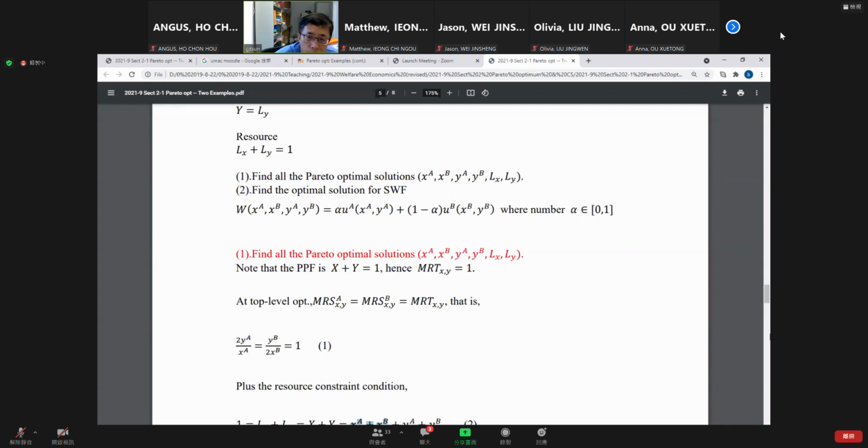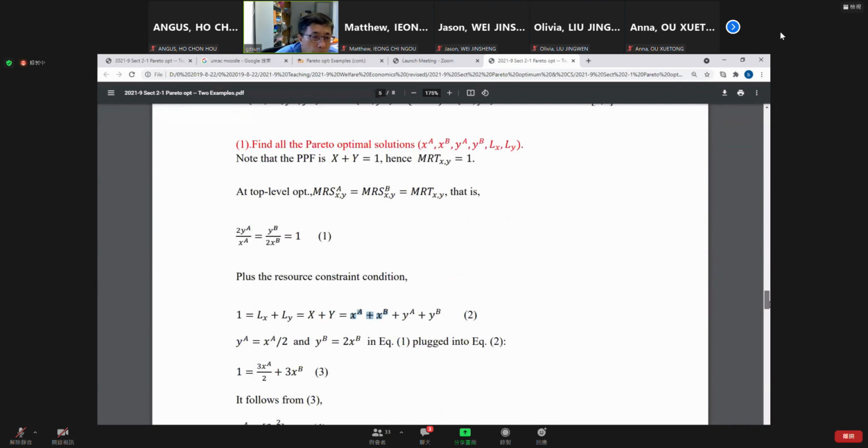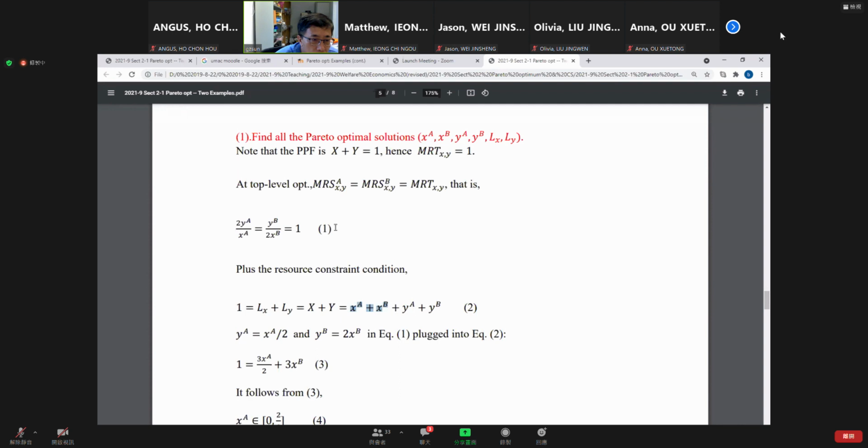And so therefore, if we put together equation 1, equation 2, and this one, here we have 4 variables, XA, XB, YA, and YB. We have 3 equations. Intuitively, if we have 4 equations and 4 variables, we usually have a unique solution.